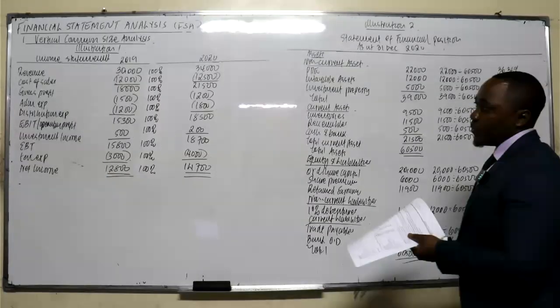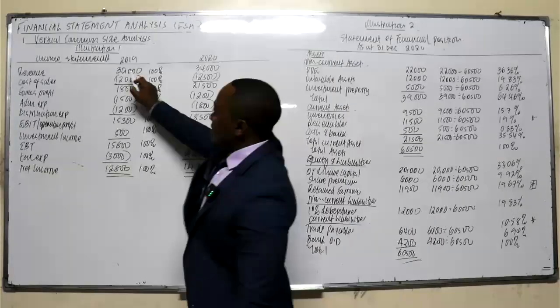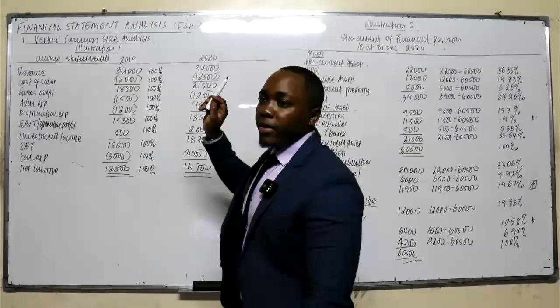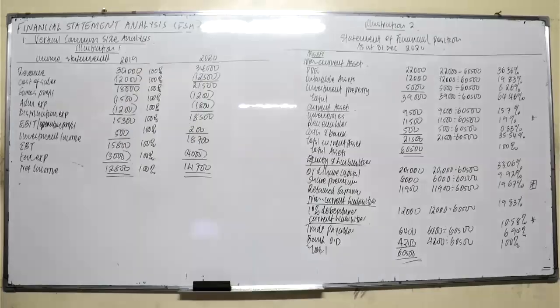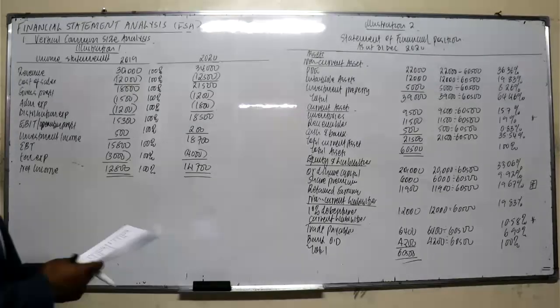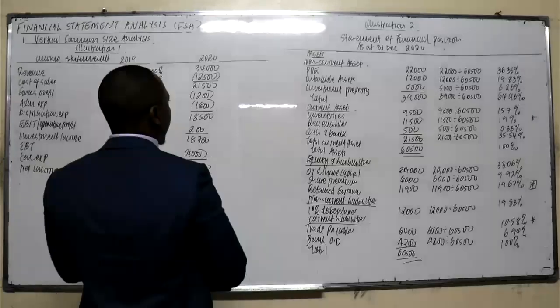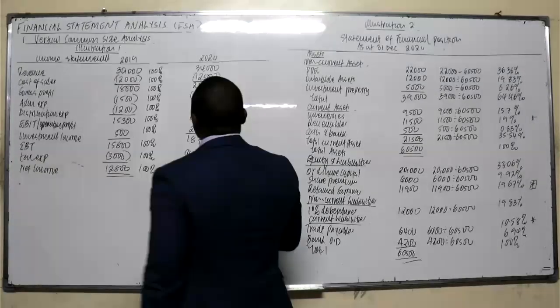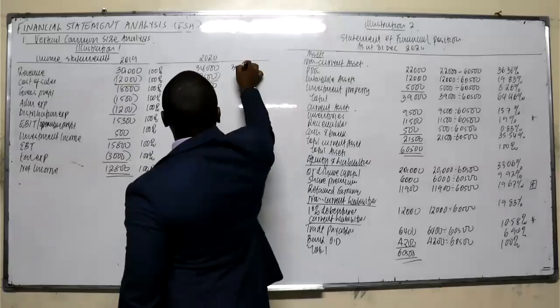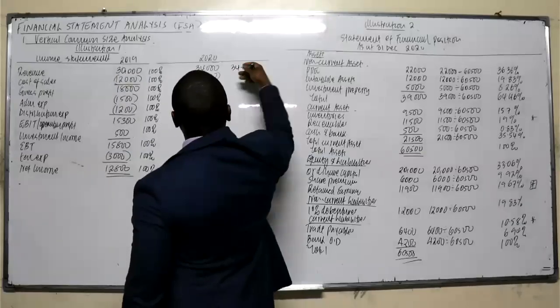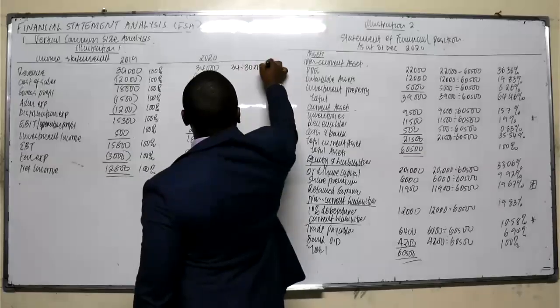For example, in this case, 30,000 was equivalent to 100%. What about that 34,000? Can you do that? To get 113, right? So it's the same as taking this 34 over that. So here I'll take 34 over 30 times 100%.